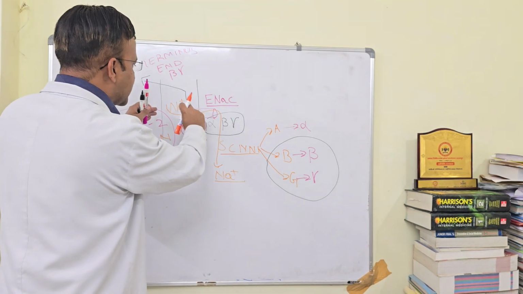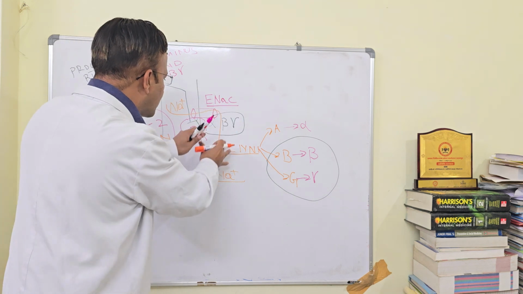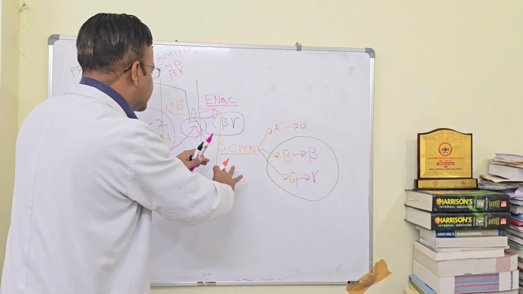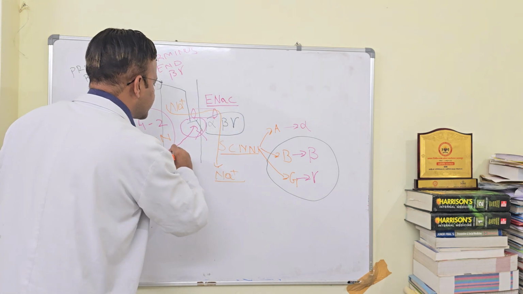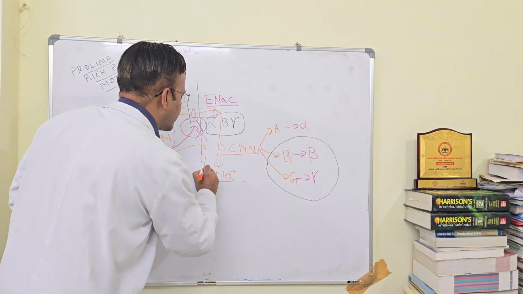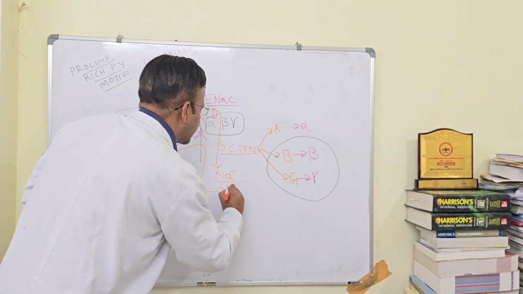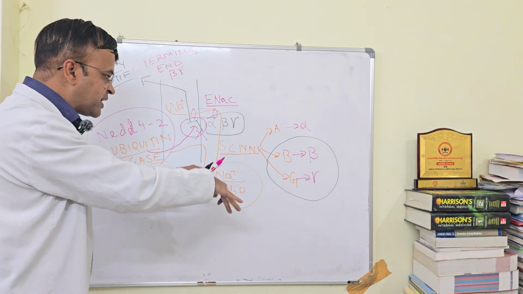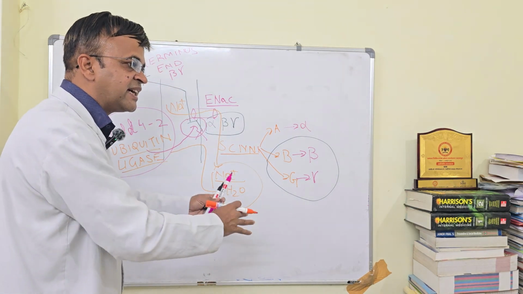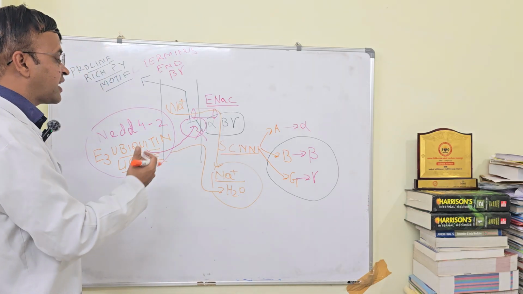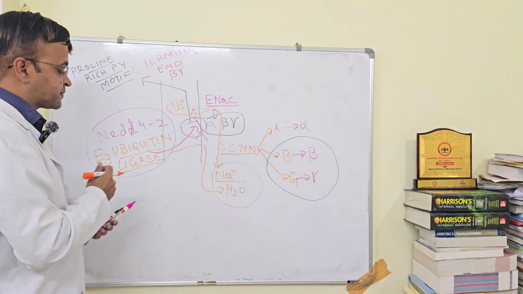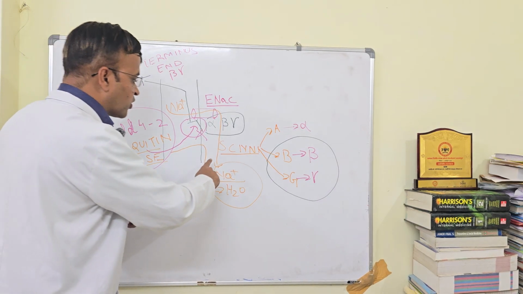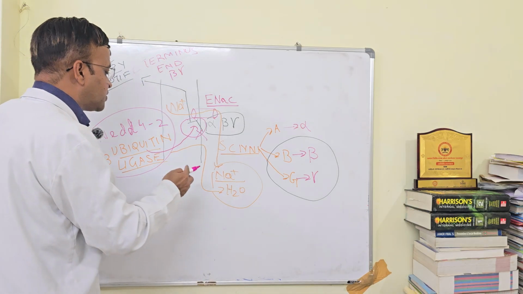So if these ENaC channels persist and reabsorb a lot of sodium, the water is also going to follow. So a lot of reabsorption of water. Sodium is coming, water is coming behind it, and this starts a chain reaction which we are going to discuss. So more sodium, more water, so what will it lead to?